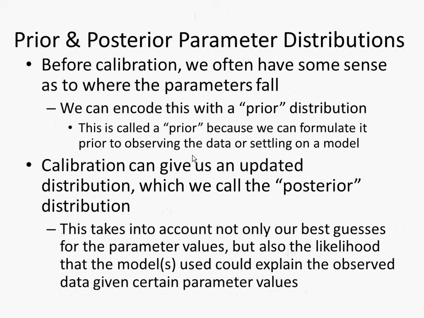We start with some best guess as to what a distribution might be for these parameters, but that guess is often just totally overwhelmed by the data available. And then through a process known as Markov-Chain Monte Carlo estimation, we can arrive at a distribution estimate for the parameters.